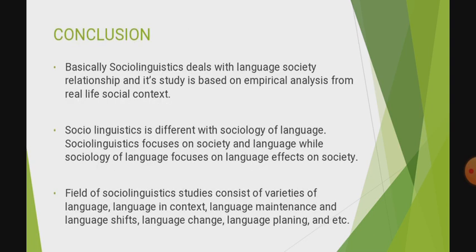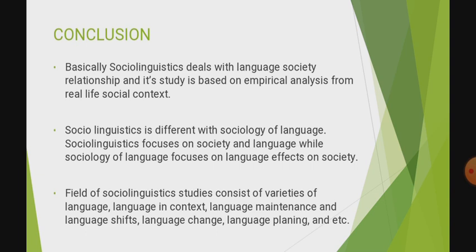Let's move forward. Here is the conclusion of my video presentation. Basically, sociolinguistics deals with language and society relationships, and it is studied through empirical analysis from real life social context. Sociolinguistics is different from the sociology of language.